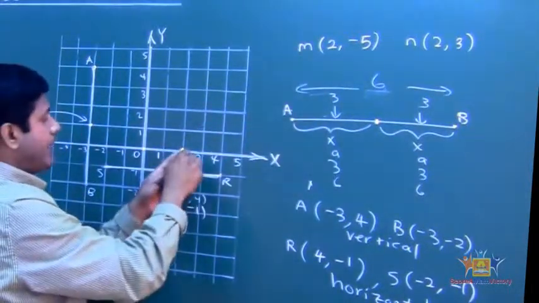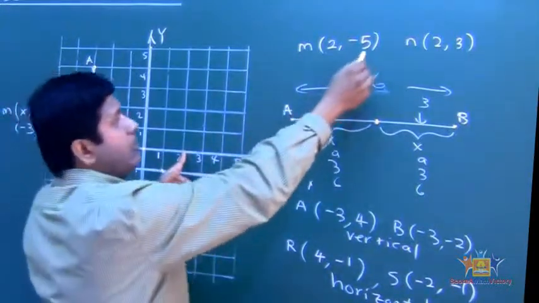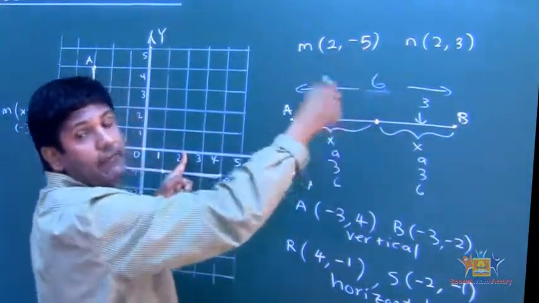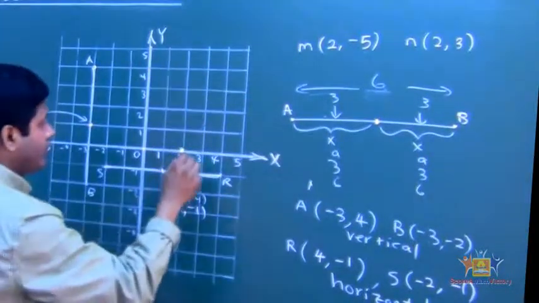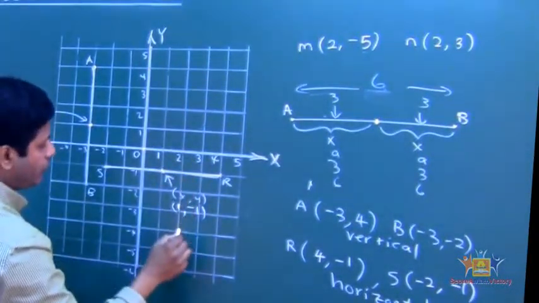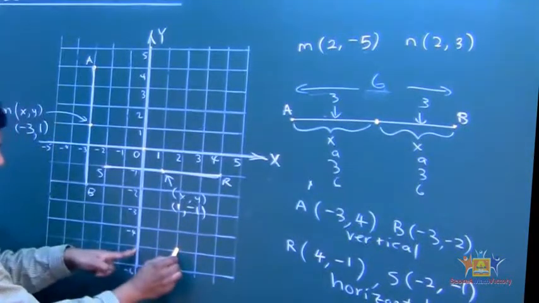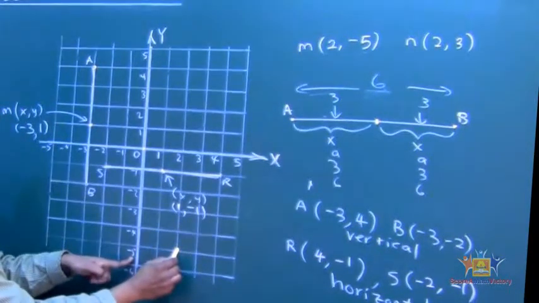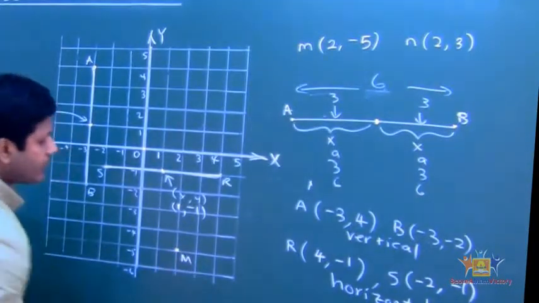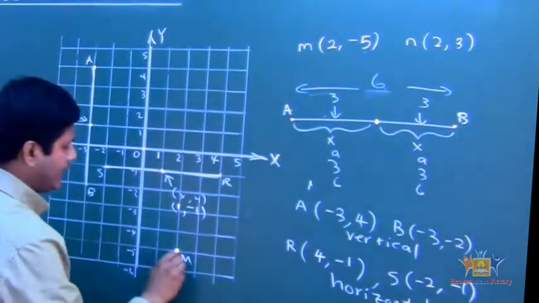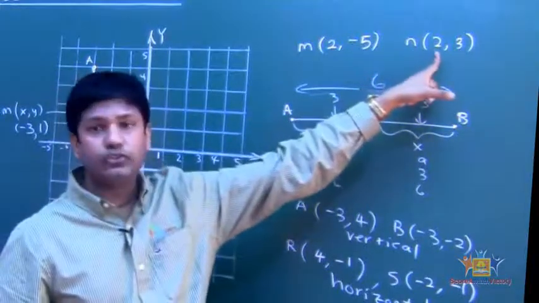Then the y coordinate, -5. Negative means you go down, 5 times: 1, 2, 3, 4, 5. If you look back here, it shows -5. So right there, that's your M point. Now we want to locate point N. So what's N? 2.